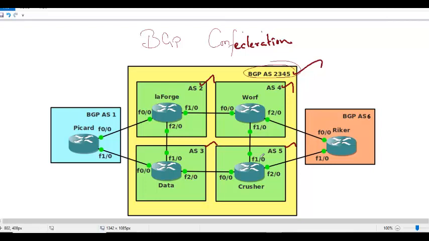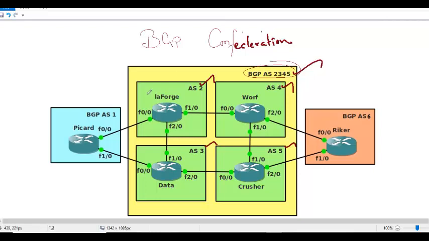According to autonomous system 6, the neighbor autonomous system will be seen as AS2345, not as AS4 or AS5. Likewise, autonomous system 1 will see the neighbor autonomous system as 2345, not as 2 or 3.